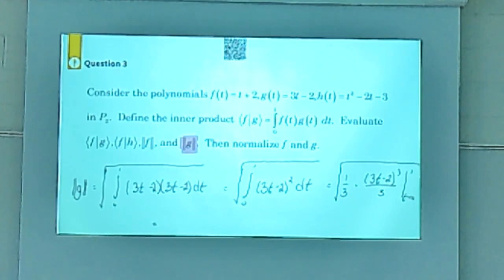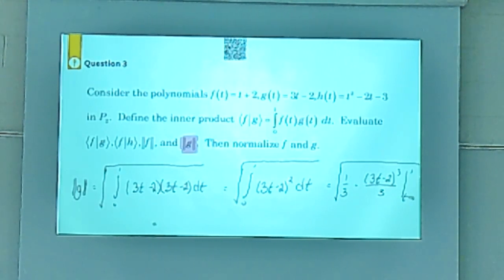3 minus 2 is 1. So at 1 you get a 1/9. At 0, it would be 8 ninths, right? 1/9 minus 8/9 is negative.